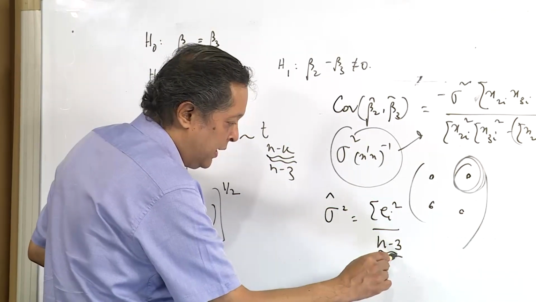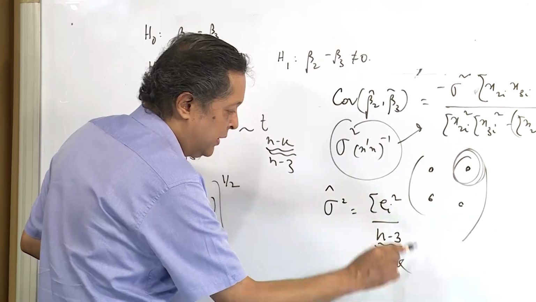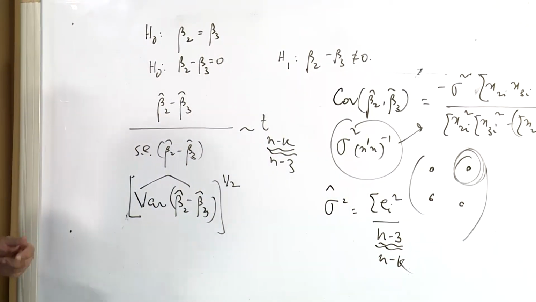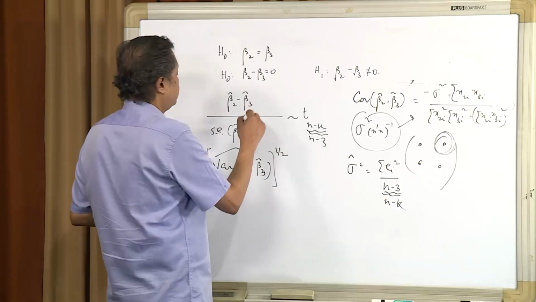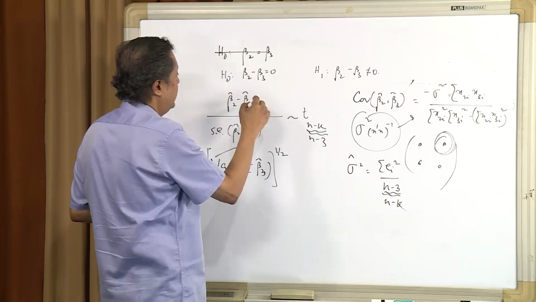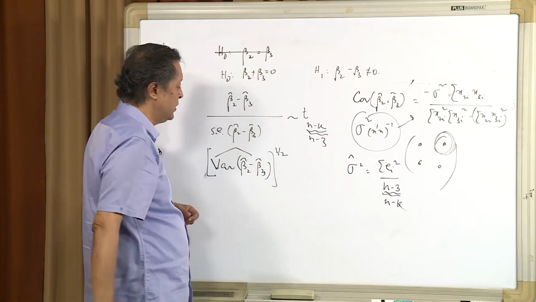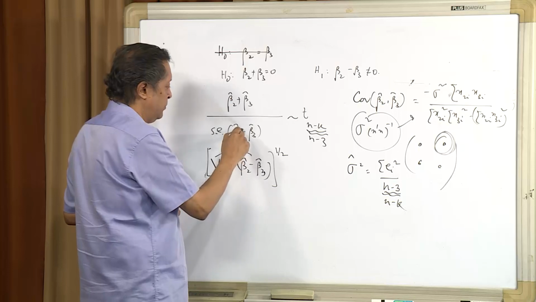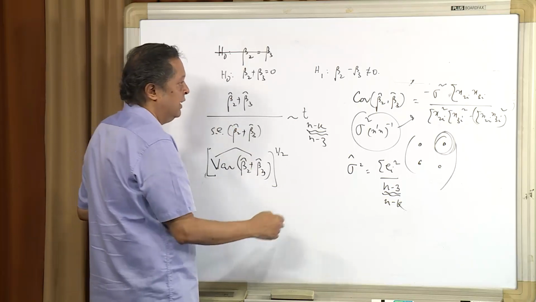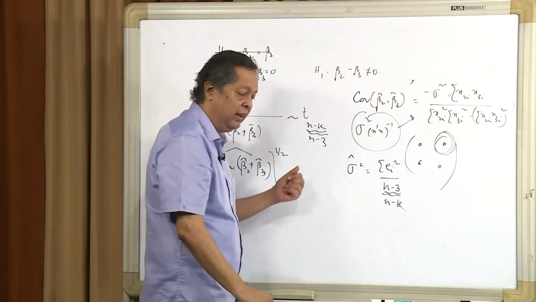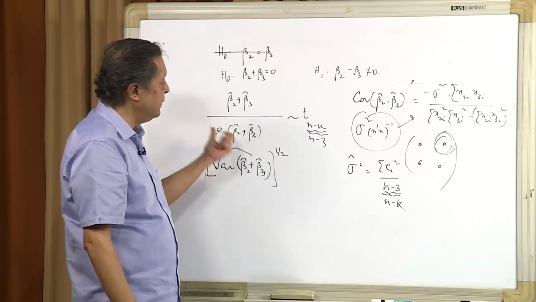In the more general case, it will be n minus k. Similarly, if instead of this we write beta 2 plus beta 3 equal to 0, then we just put a plus sign, and this minus will remain, and we can use this same format.